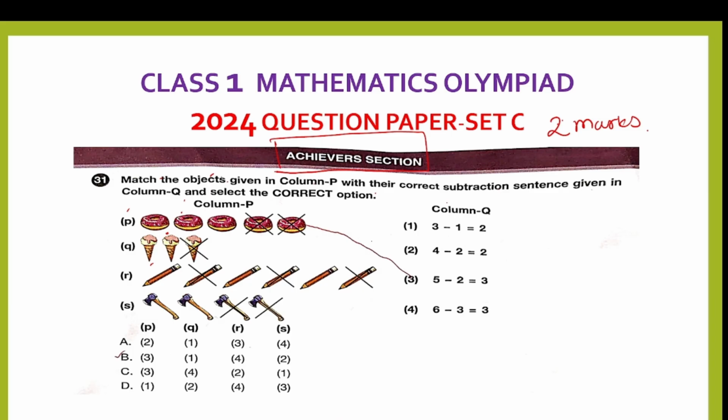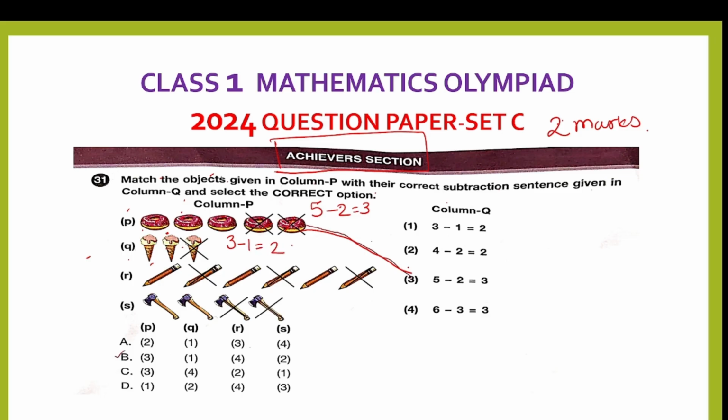First, in column P, there are donuts. How many donuts? 1, 2, 3, 4, 5. There are 5 donuts and we have to cancel out 2 donuts. So 5 minus 2 is 3. If you see this one, 5 minus 2 is equal to 3. This is correct. Now in the second one, there are 3 ice creams: 1, 2, 3 ice creams, and we have to cancel 1.